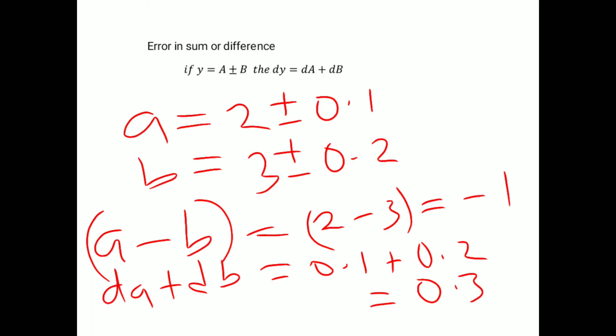So it means that A minus B is equal to minus 1, plus or minus my error, 0.3. So that is how to make that calculation. Error is 0.3. Okay, so let's move on.